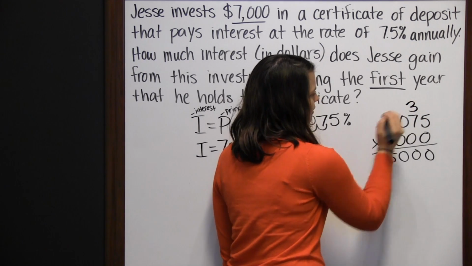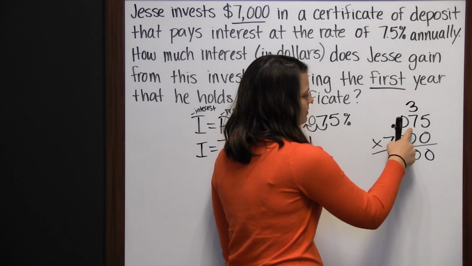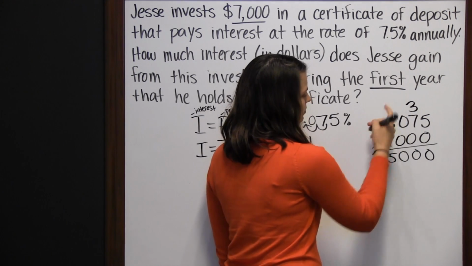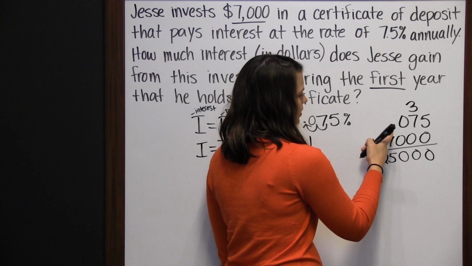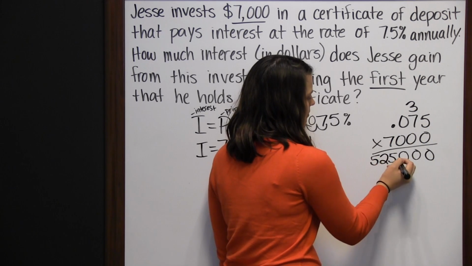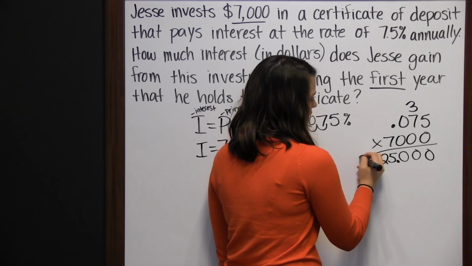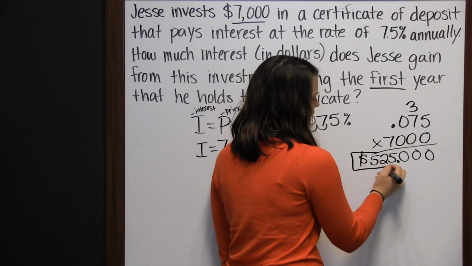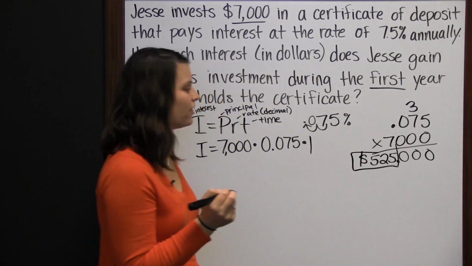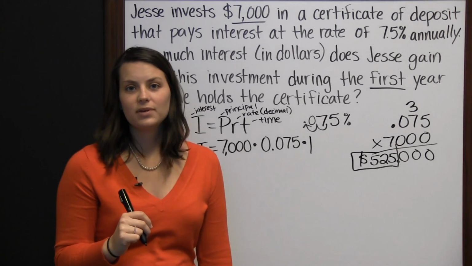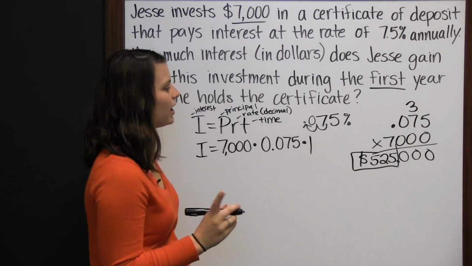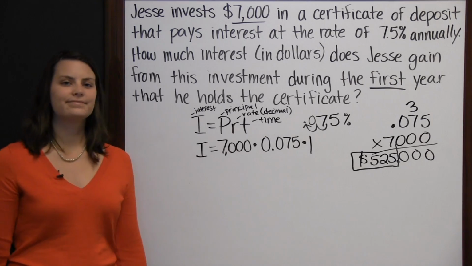Write the 5, carry the 3. 7 times 7 is 49. Plus 3 is 52. And then we have 3 numbers behind the decimal, so 3 numbers behind the decimal. And that means that he's going to make $525 off of his investment. So that's the number you would need to bubble in, is 525.